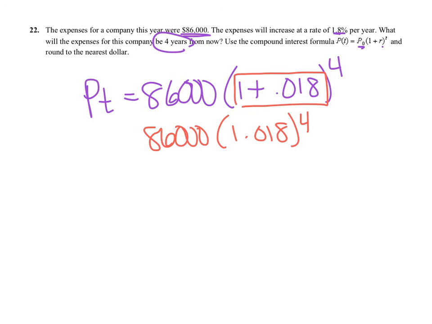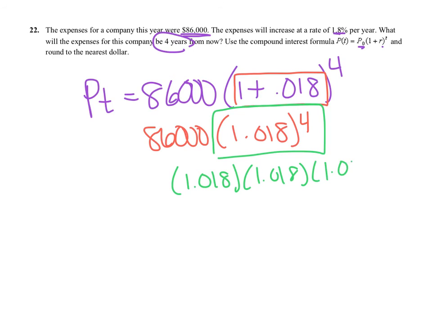Now what we do first is apply that exponent. That means we're going to do 1.018 times 1.018 times 1.018 times 1.018. Or if you have a calculator with that exponent button, you just take 1.018, raise it to the 4th, and when you do that, you're going to get 1.0.